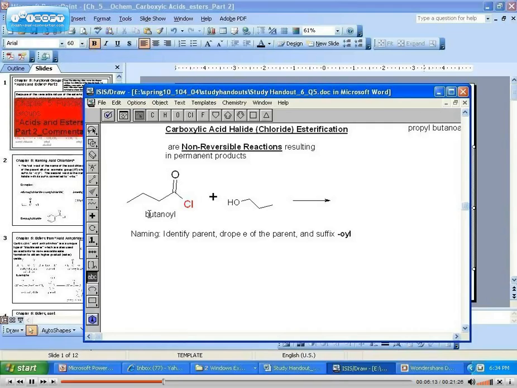We then need to go ahead and add a space in between, and then add in the rest of the name. It's a halogen, so we take the halogen name, such as chlorine, and we're going to drop the suffix part of chlorine and change it to ide. So it's no longer chlorine, it's chloride.